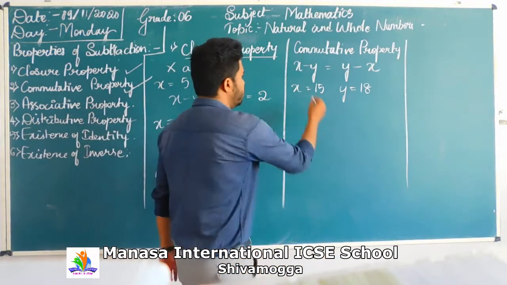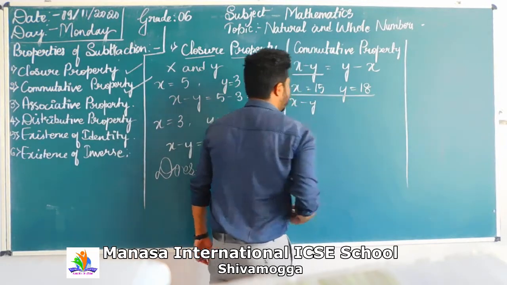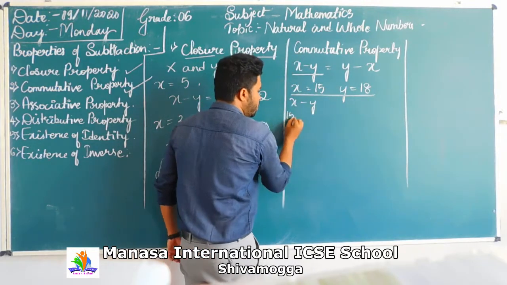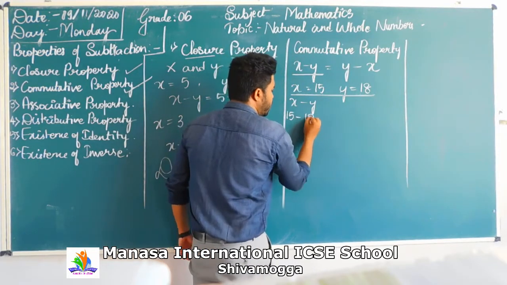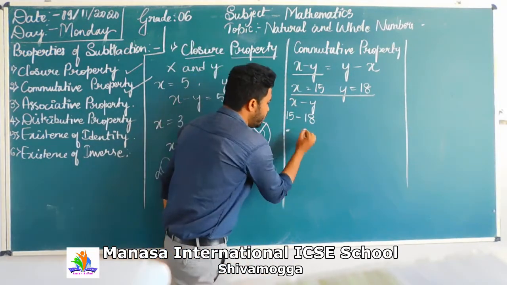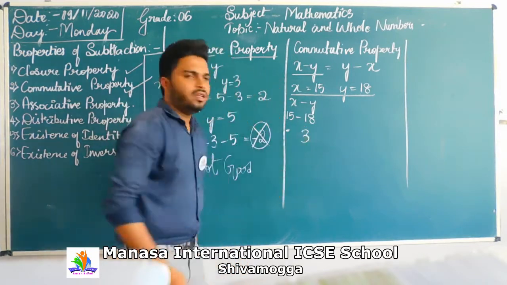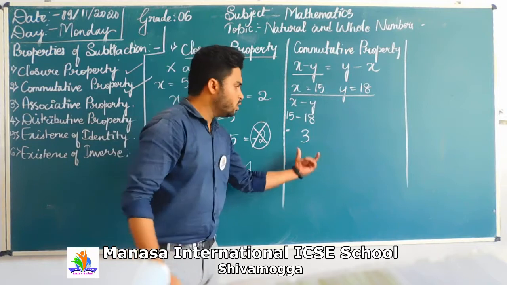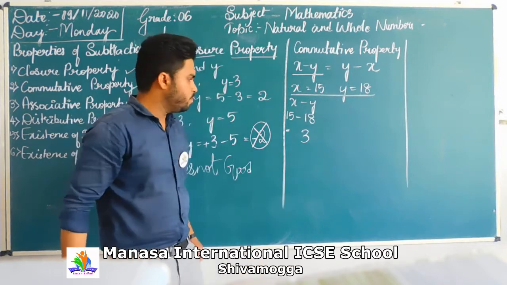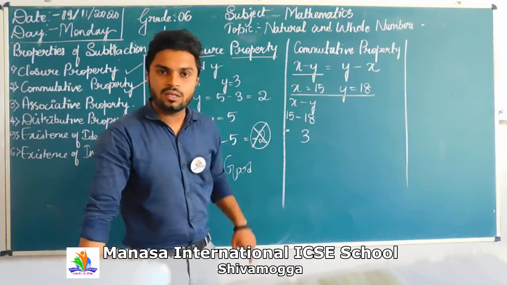First we will take x minus y. x is 15, y is 18. You will get the answer: 15 minus 18 is 3. Please concentrate. Which is the bigger value here, students? 18 is the bigger value.